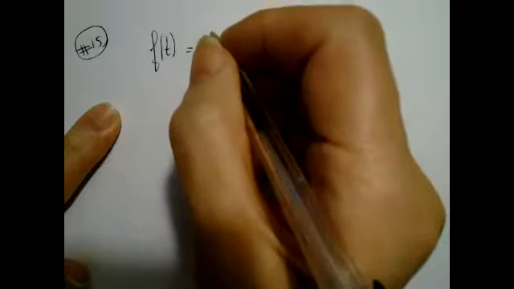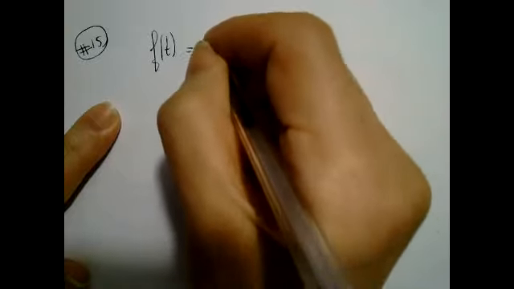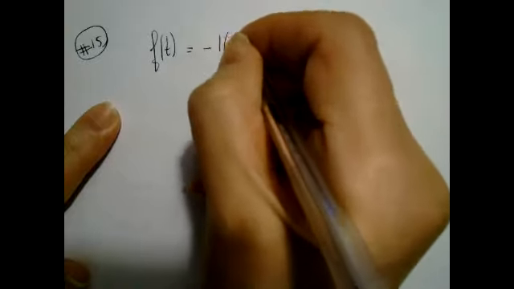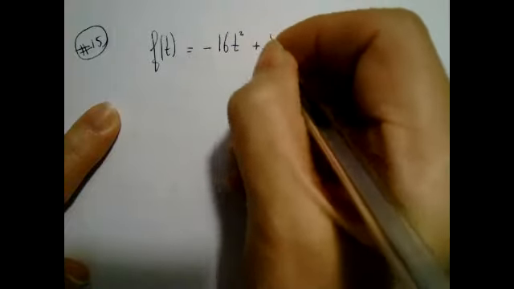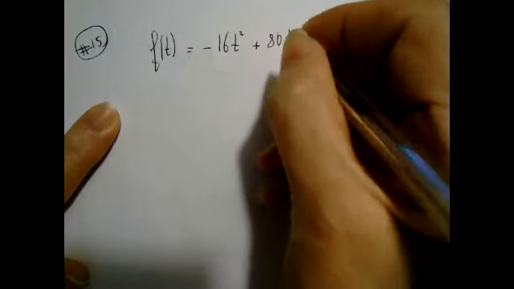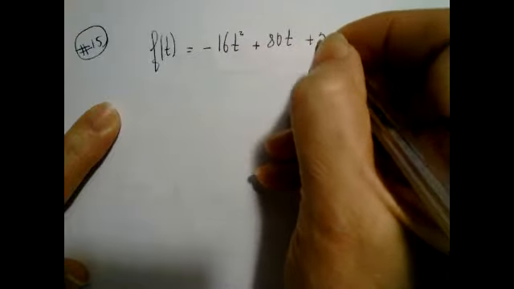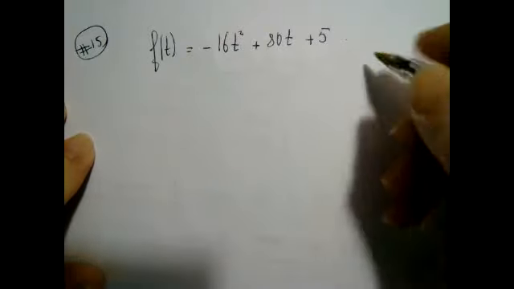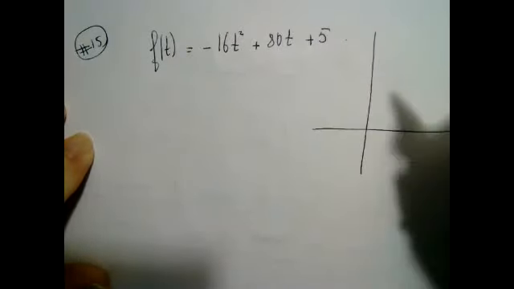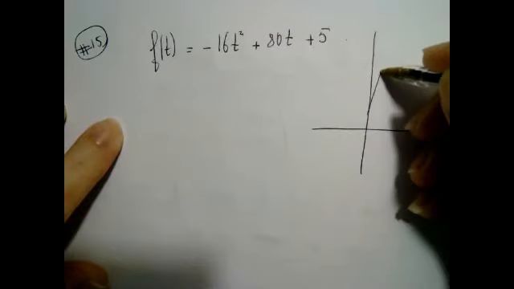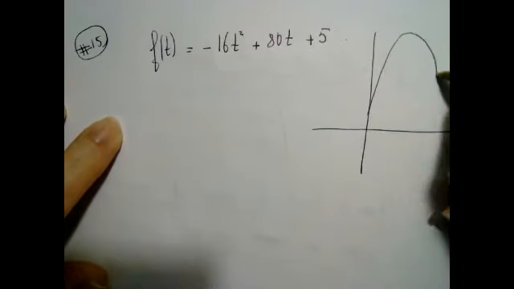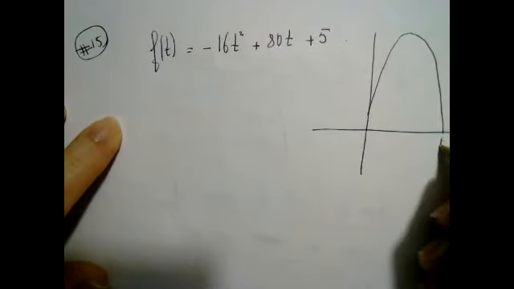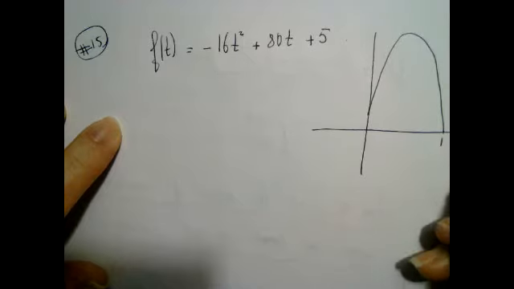At any moment in time, f of t is given by the formula minus 16t squared plus 80t plus 5. The first question we answered was when it hits its maximum; that's the picture, that's how the stone is moving, and that's time.